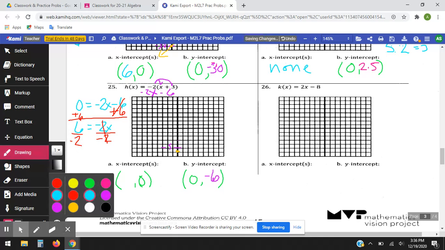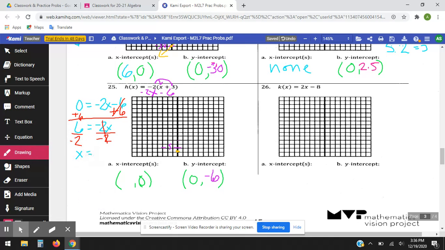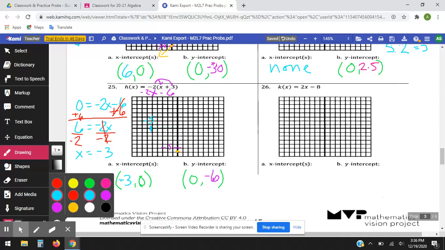Those cancel. And x equals negative 3. So my x-intercept will be negative 3, which means I can just go by ones here. 1, 2, 3, 4, 5. Negative 5. My point will be at 0 when the y is 0 at negative 3. And again, it's linear, so I know if I connect those 2 points, this will be my line.